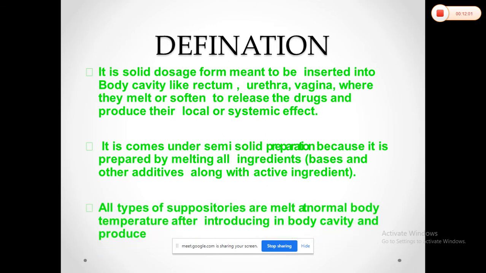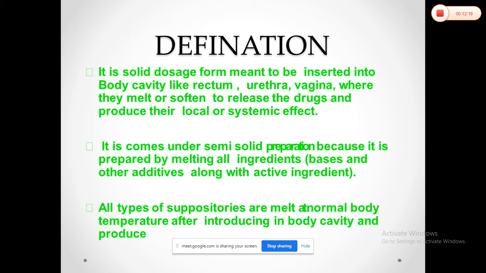All types of suppositories melt at normal body temperature after introduction into a body cavity and produce systemic as well as local effects, or we can say they produce local, systemic, and mechanical actions.